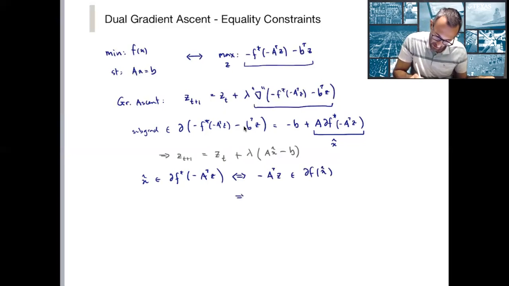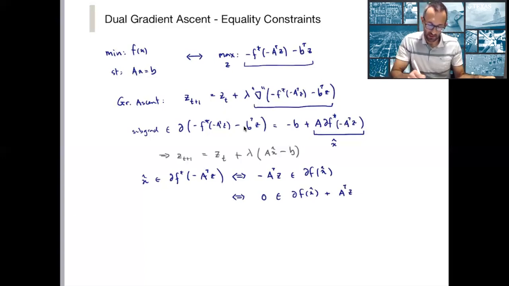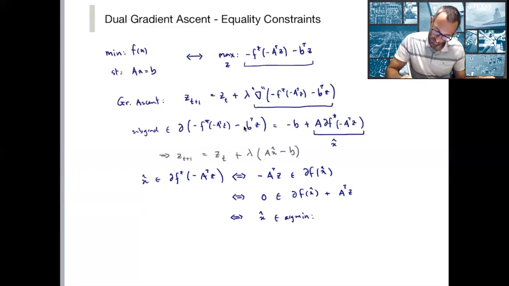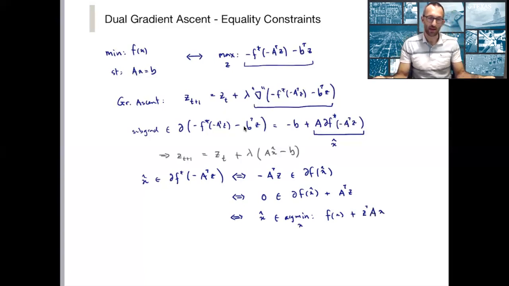This is exactly the same as writing that 0 is an element of the subdifferential of f at x hat plus A transpose z, which is exactly the same as saying that x hat is a minimizer over x of f of x plus z transpose Ax. So this is x hat.